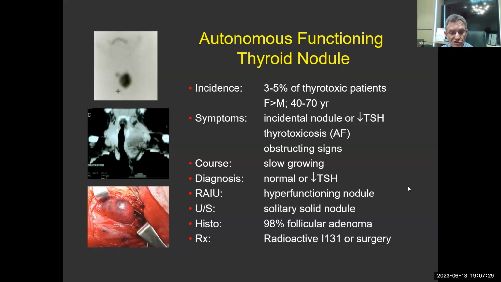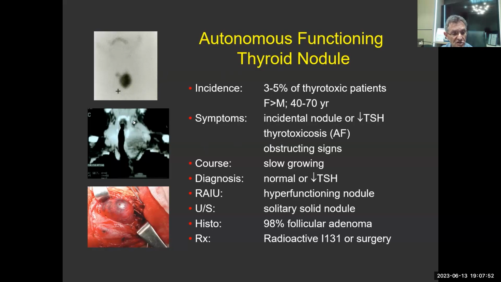So in these individuals, suppressed TSH, normal T4, make sure they haven't been exposed to iodine or radioiodine contrast. You can then do a nuclear medicine scan, and there you will see a single thyroid nodule with suppression of the contralateral thyroid gland, and that is called an autonomous functioning thyroid nodule.